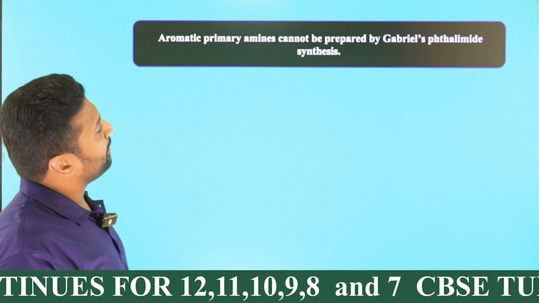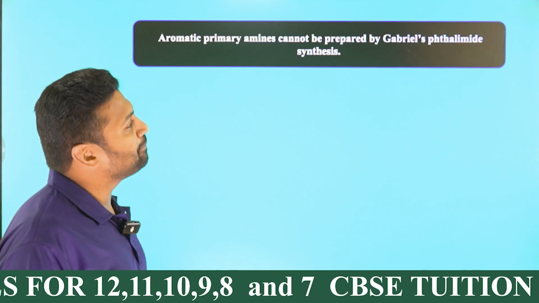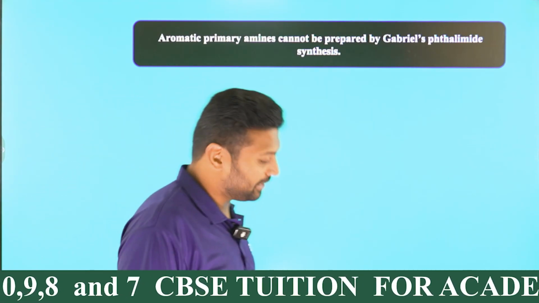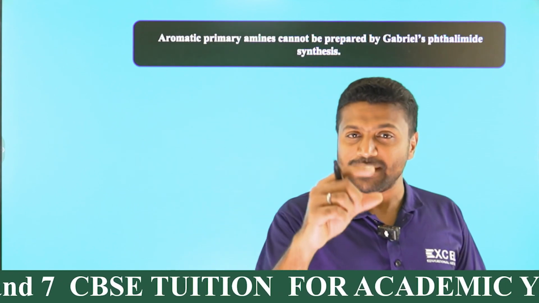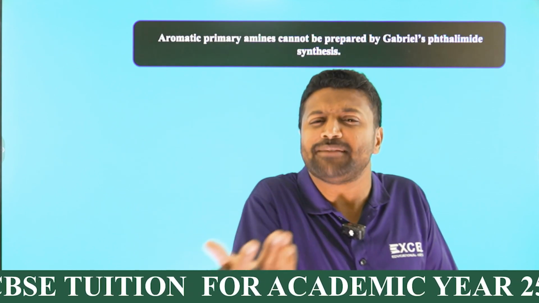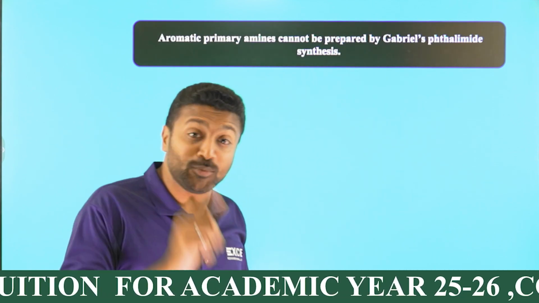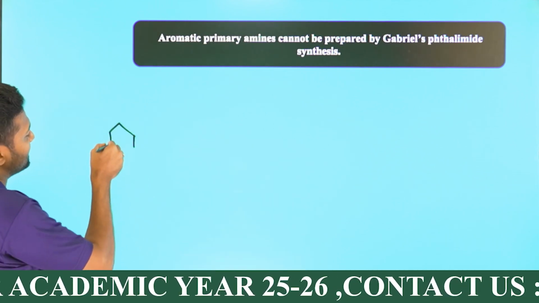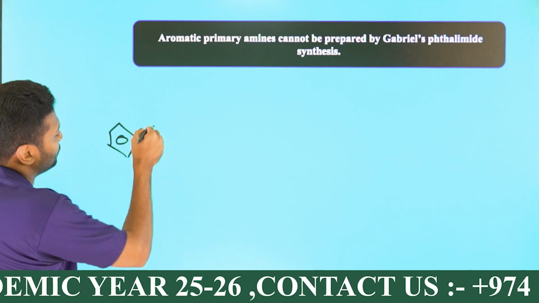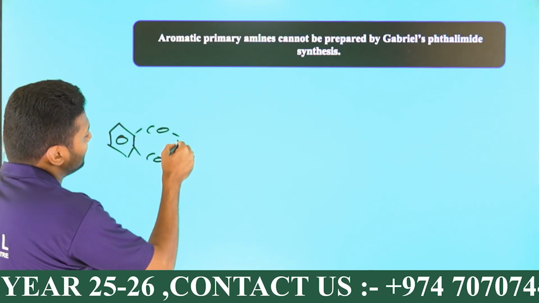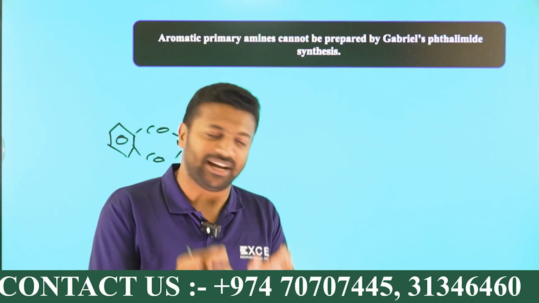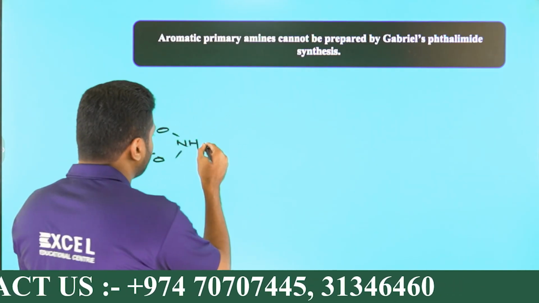Aromatic primary amine cannot be prepared by Gabriel phthalimide synthesis. It's a give reason question. What is meant by Gabriel phthalimide synthesis? During Gabriel phthalimide synthesis, benzene ring with CO-CO-NH, called phthalimide, will be initially passing over aqueous KOH.